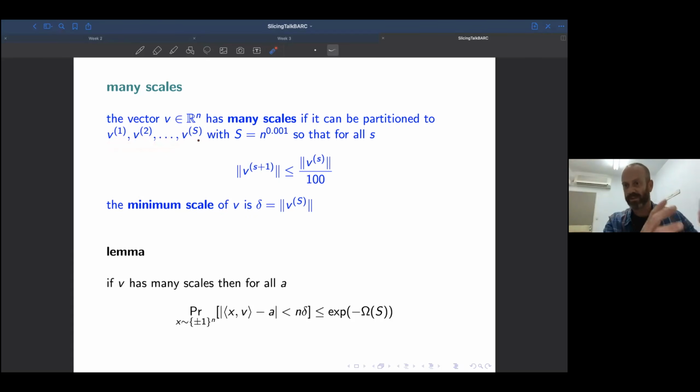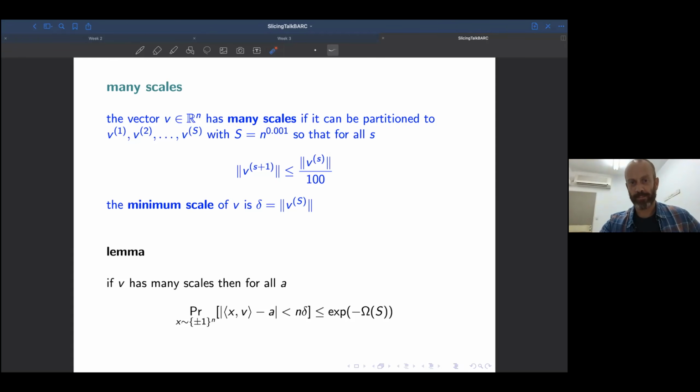There is a part of scale 1, then there is a part of scale 1 over 100, then there is a part of scale 1 over 10,000, and so forth. So we should just think of you're chunking up coordinates of different sizes into different V_i's. You will see how it is done, but this is a good intuition. Okay, so this is what it means to have many scales.